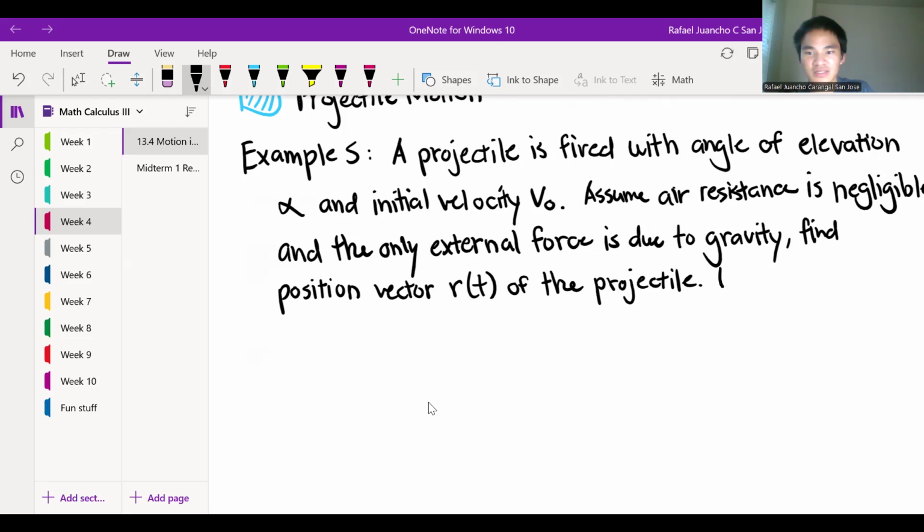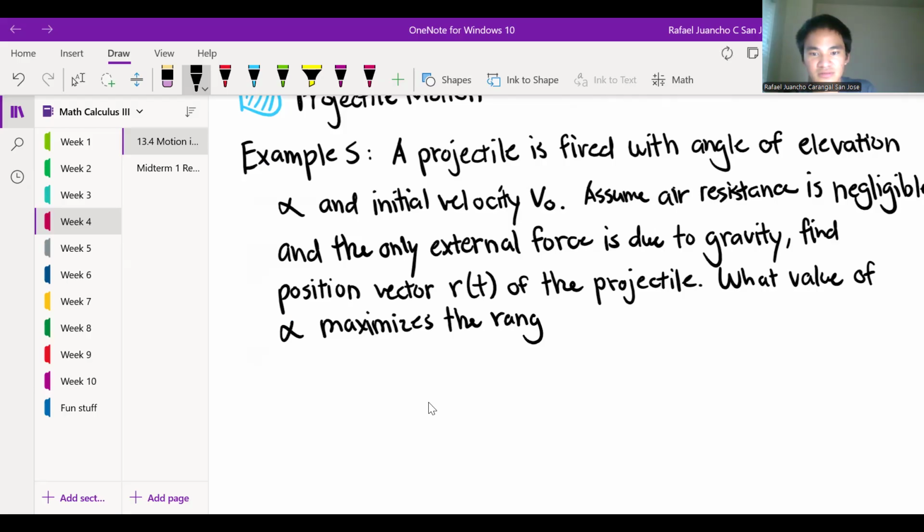The other task is we're asking what value of alpha maximizes the range. So something about optimization when we hear the word maximizes, maybe. What do I mean by that? Well, I mean the horizontal distance traveled.